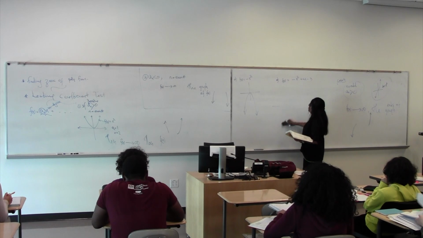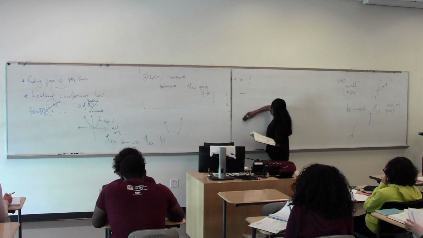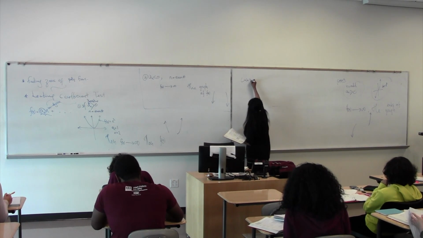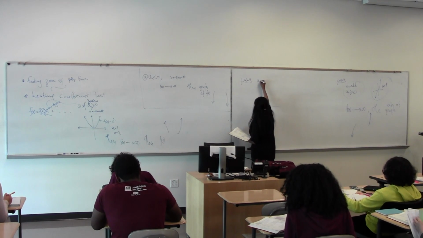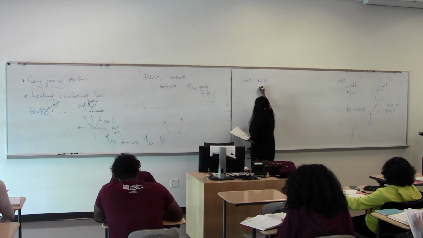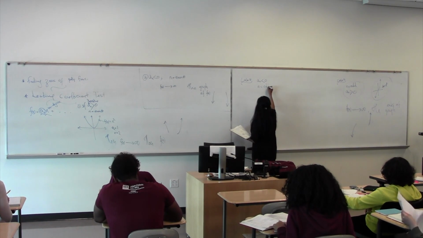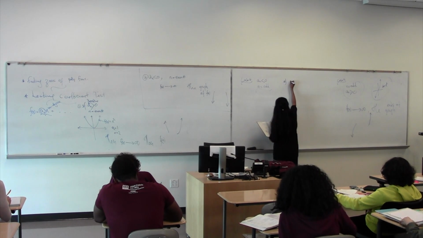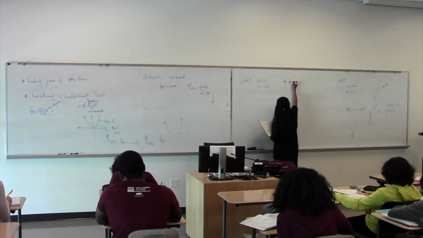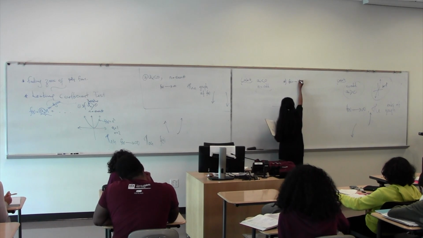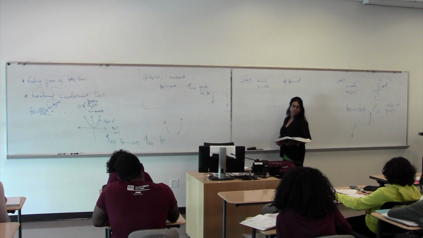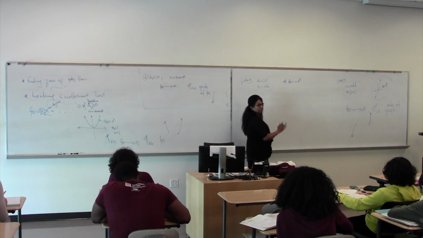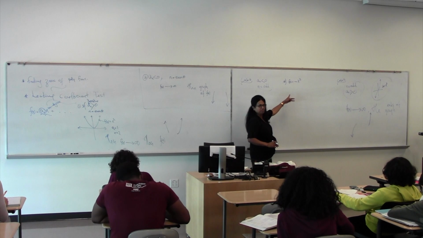What's case 4? I'm taking a lot of time for this. Case 4: n is less than 0, n is odd. So we can look at the same thing. We can say, for example, f of x is equal to negative x to the 3. That's the model that it's going to follow, any negative odd power functions.